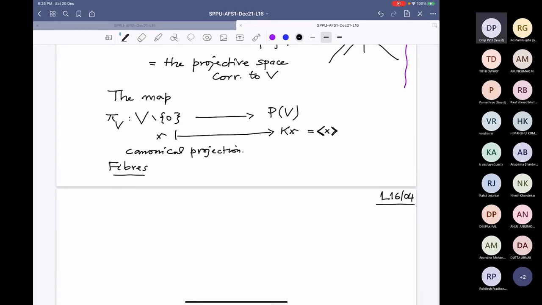So what I'm asking is, what is pi v inverse of this? This is the point in the image, and I'm asking which x go to that x. So what is the answer? Can somebody say?